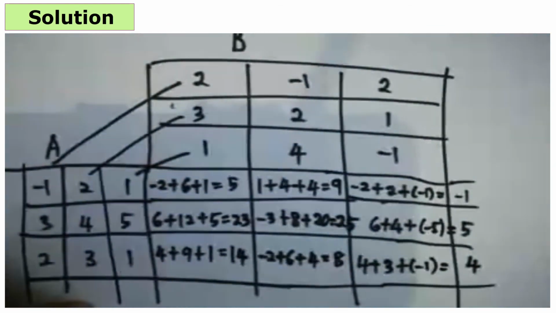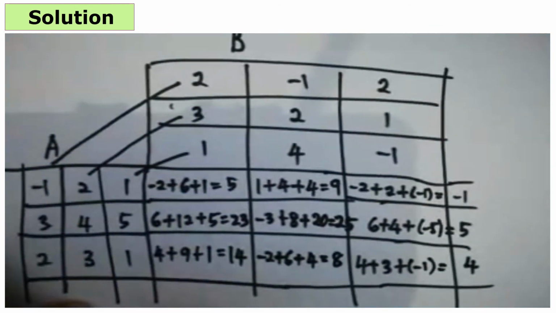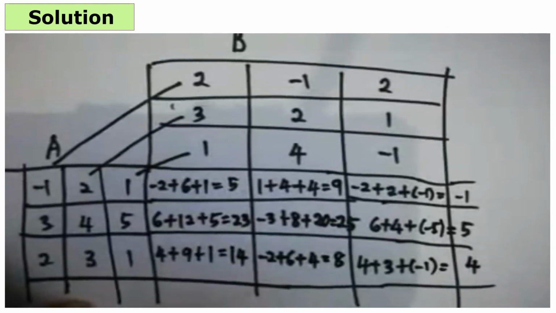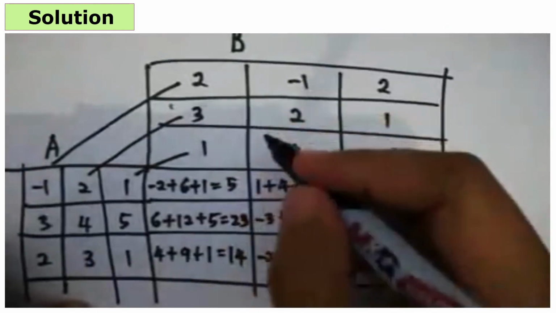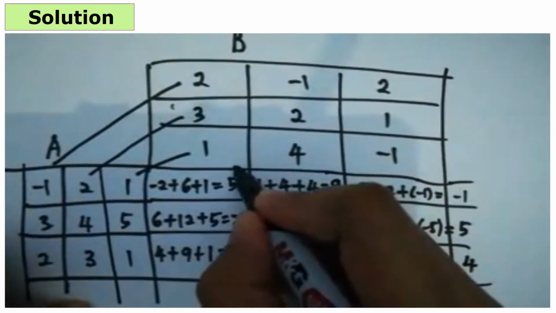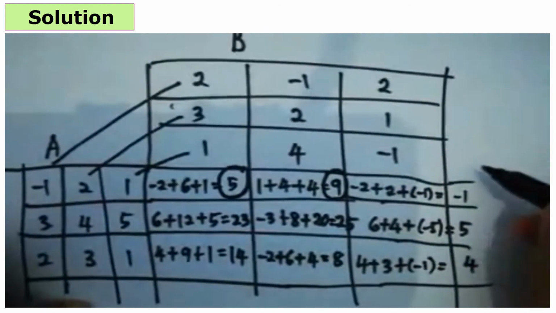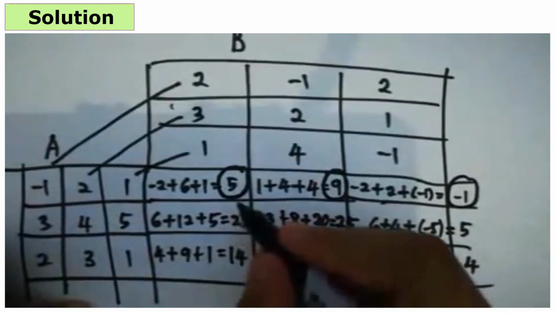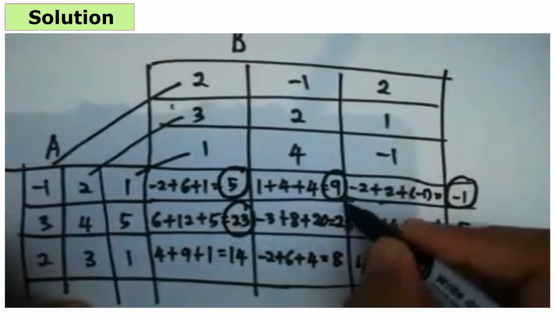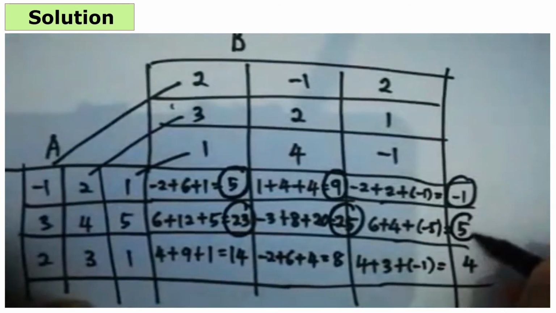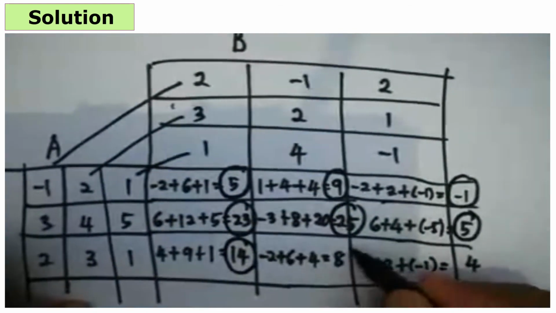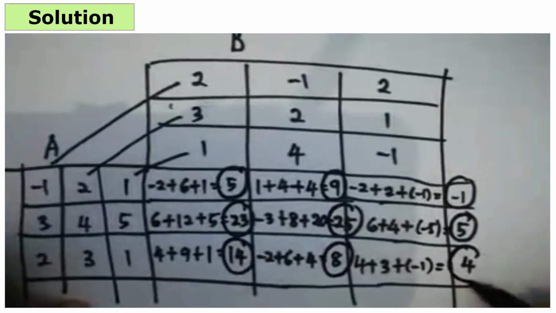Okay, so for the last answer, the elements of the product AB are 5, 9, -1, 23, 25, 5, 14, 8, and number 4.